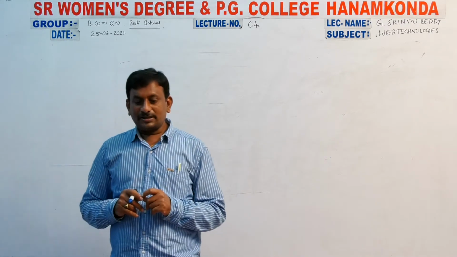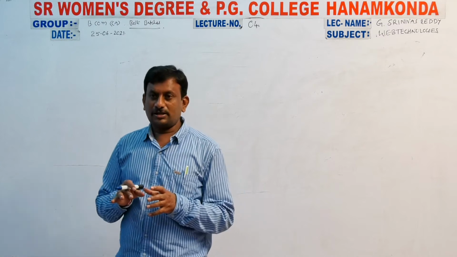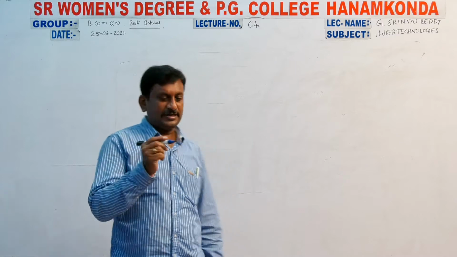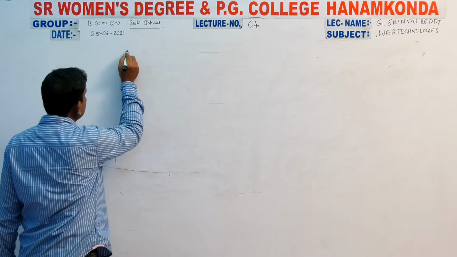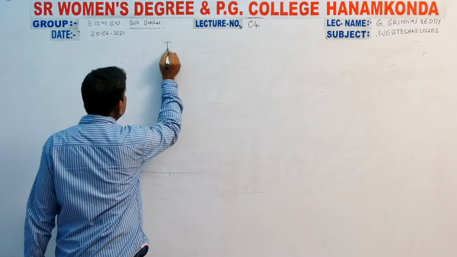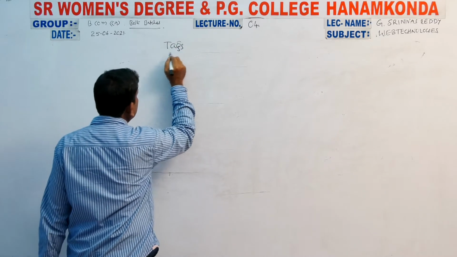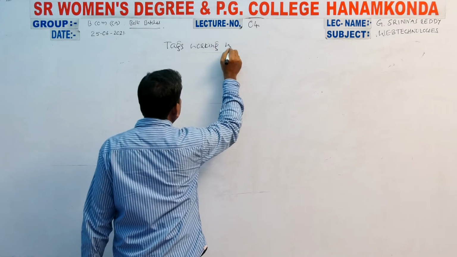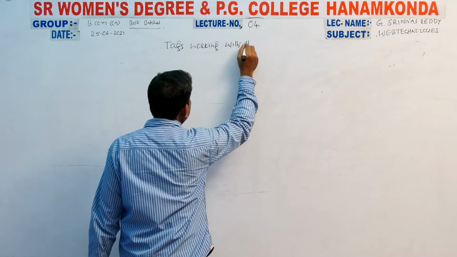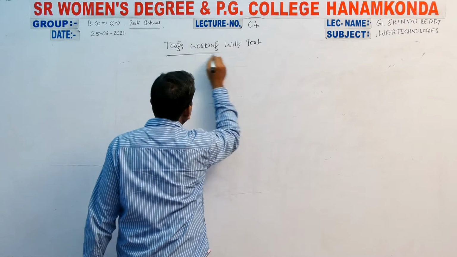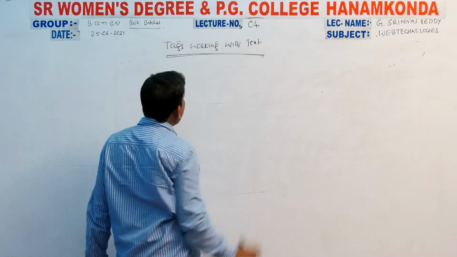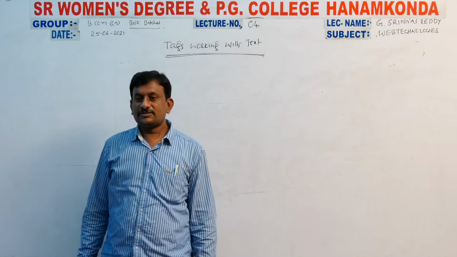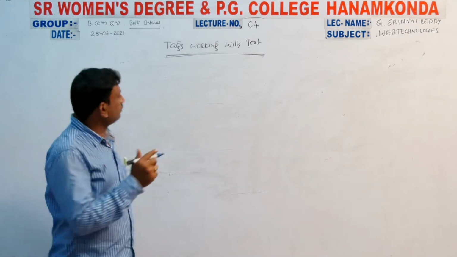Now we are discussing the tags. There are so many tags. Tags working with text. The first one is the B tag.